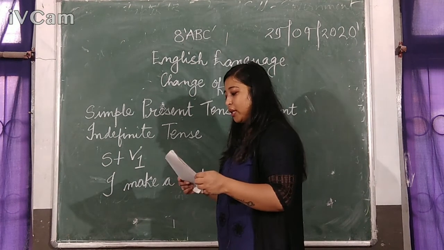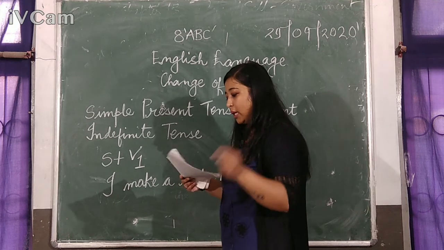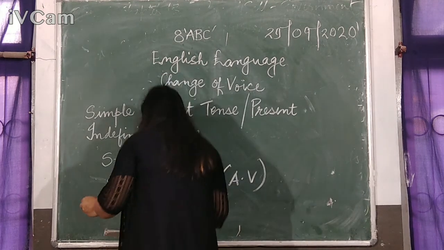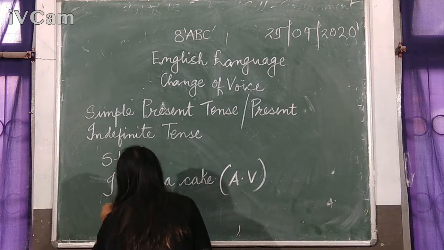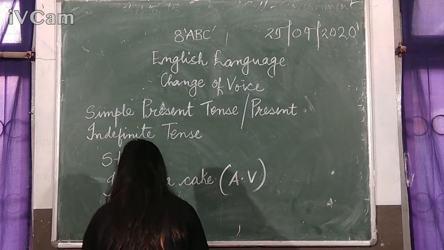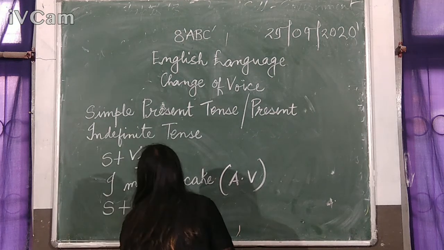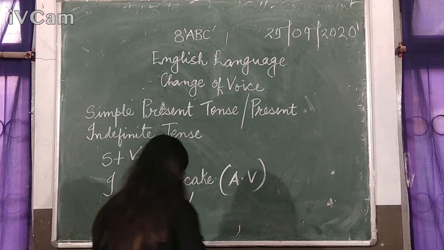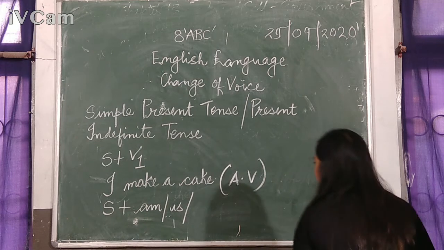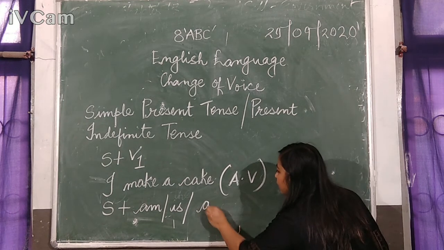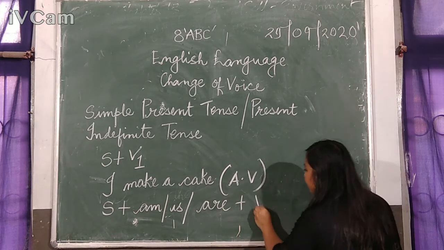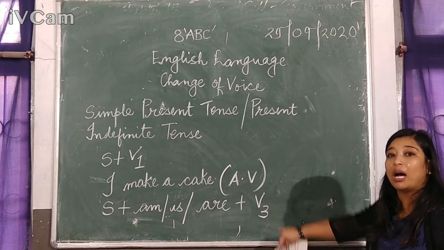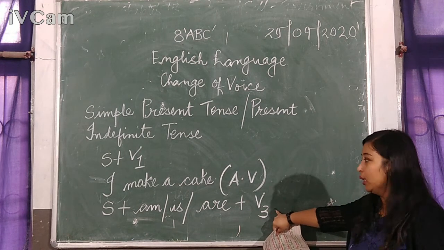If you have to change it into the passive voice, the structure is subject plus am, is, or are plus V3 form of the verb, meaning the past participle form of the verb.